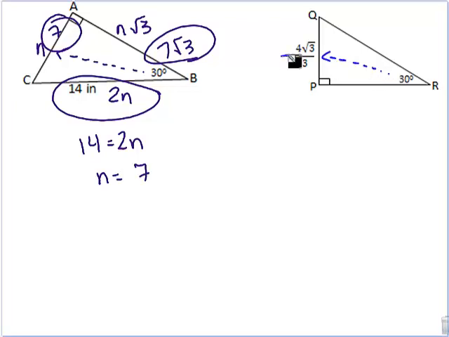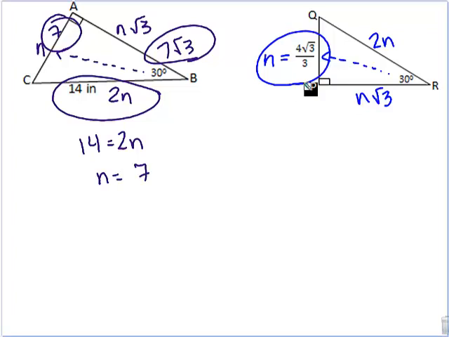Yep, it's opposite of 30, so that's our n. What will be our QR here? Yeah, QR would be 2n because it's opposite of the 90. Leaving our third side as n square root of 3. Okay, so there's our n.